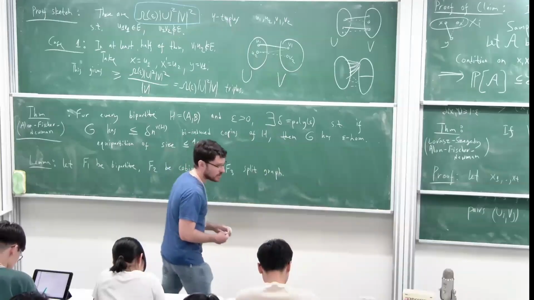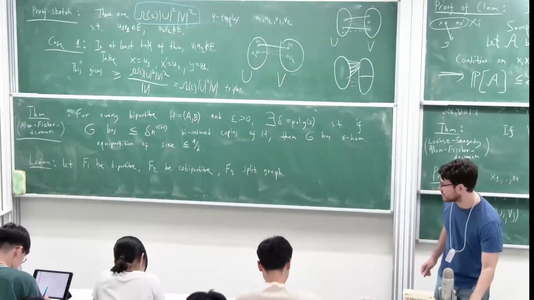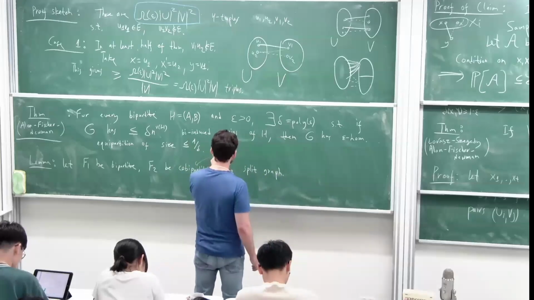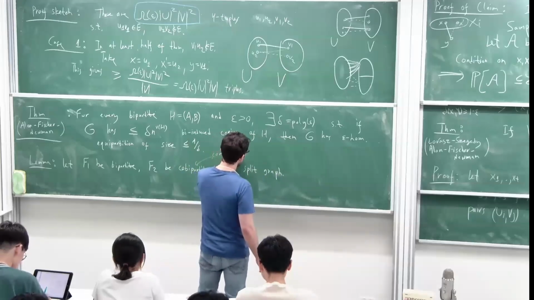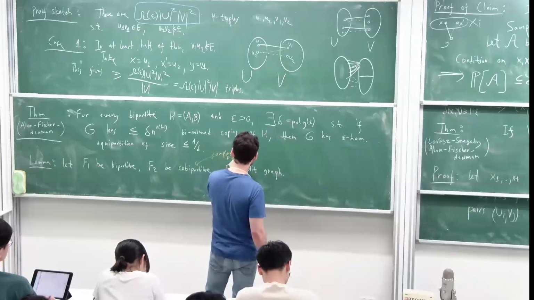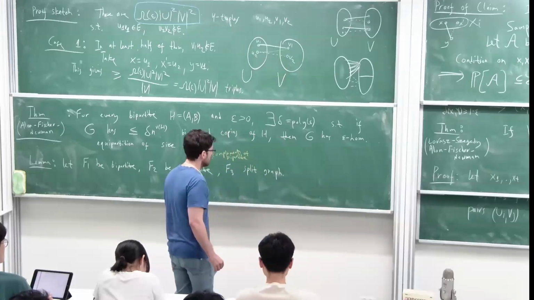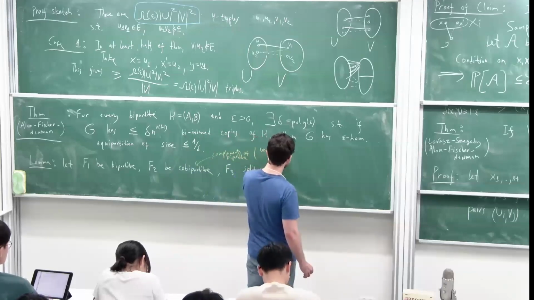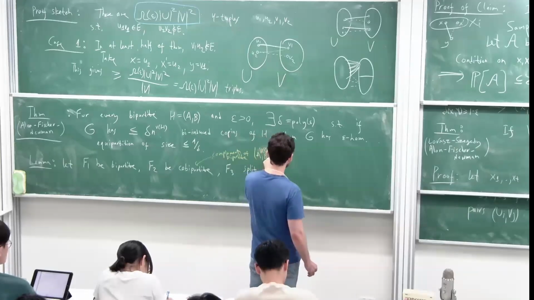Bipartite, you know. Co-bipartite means the complement of a bipartite graph. In other words, it's a union of two cliques, so the vertex set is A union B, and A, B are cliques.